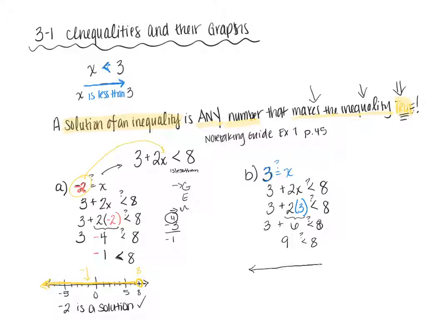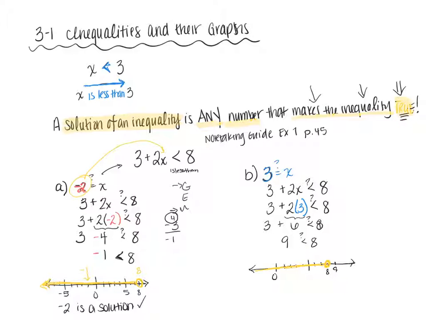Most of you are going to look at this pretty instantly and go, well, 9's not less than 8, but let's just graph it so you can see what this looks like. Remember that on our graph, I want to end up putting a circle around 8. I don't want to fill 8 in because it's not equal to. It is less than 8.